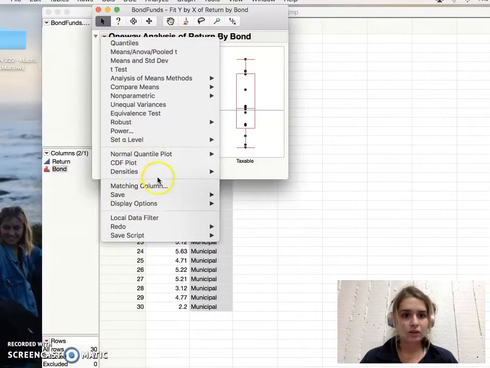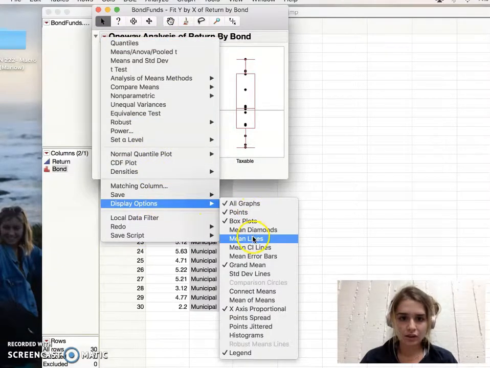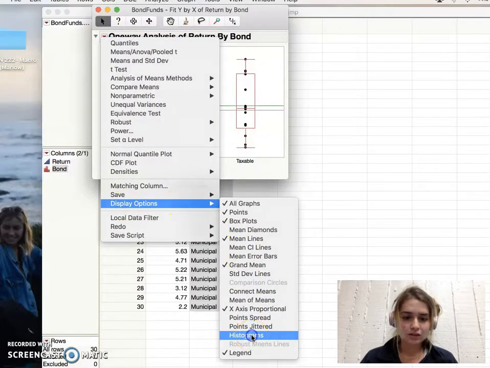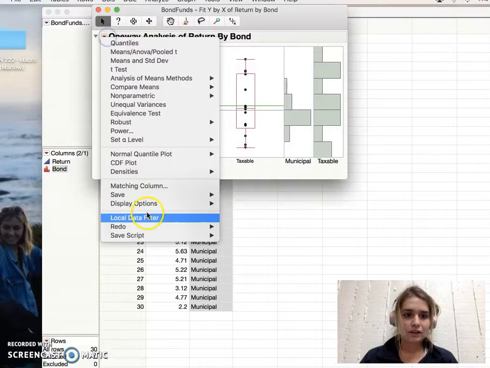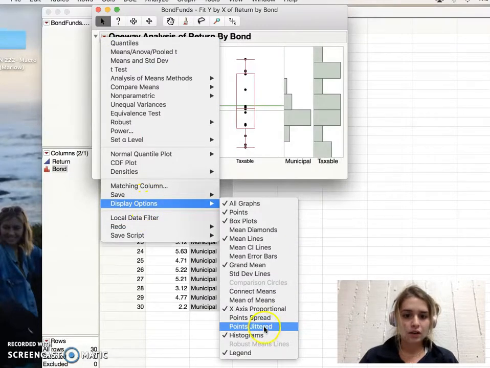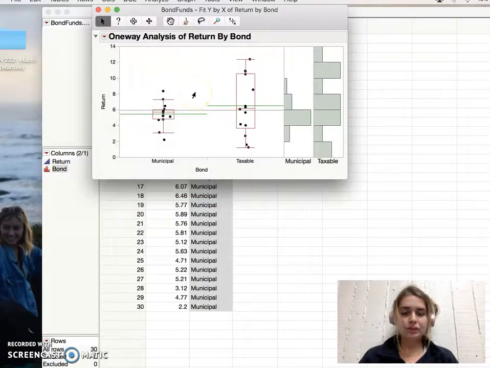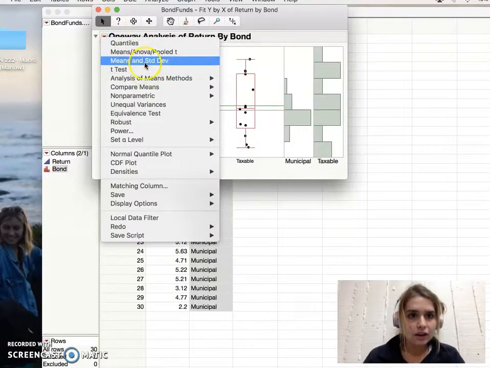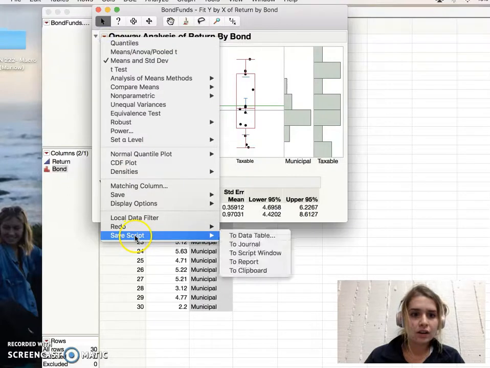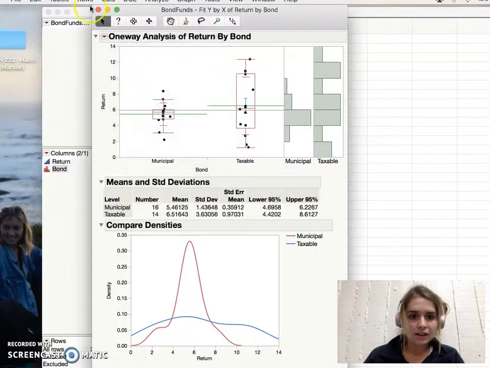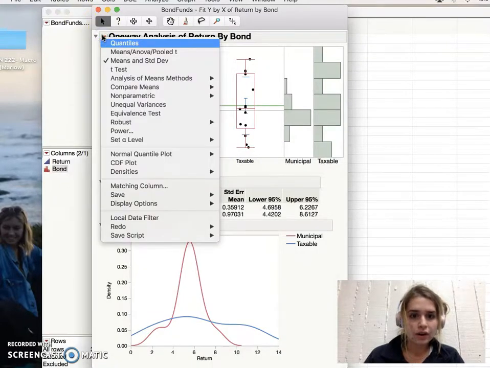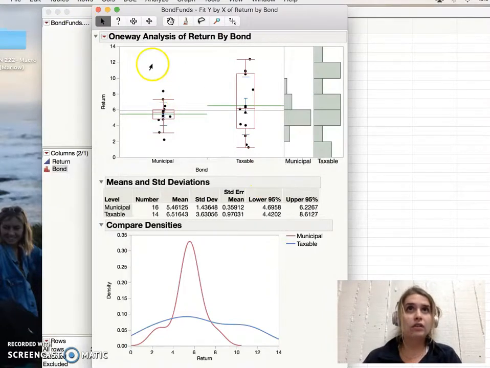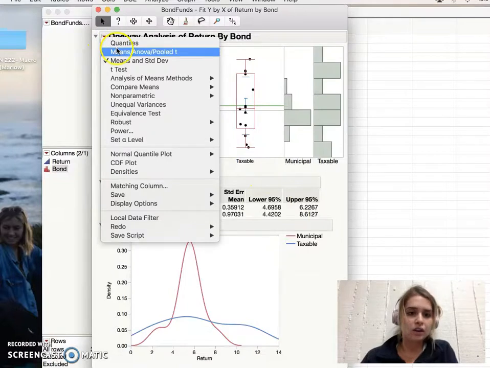Then we're going to go down to display options and also add a few other things: mean lines, histograms, and points jittered. Alright, so that gets that set up for us. We're also going to add means and standard deviation. We're going to compare the densities. We are also going to do the test for unequal variances right here.